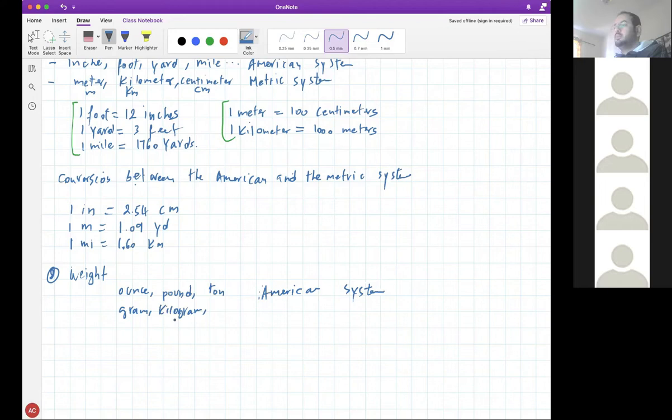And after kilogram, they also use ton. A ton is also used in both. We're going to see the conversions between all of them. So that's the international metric system.